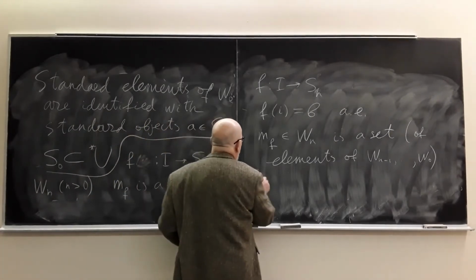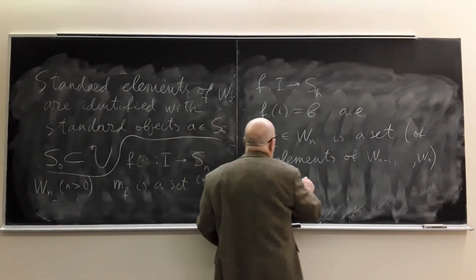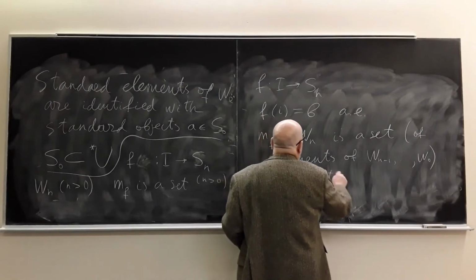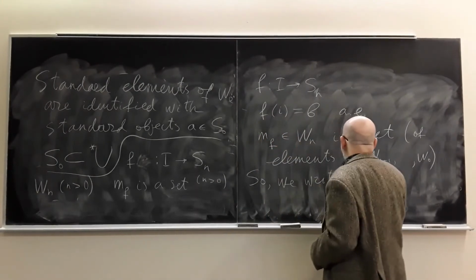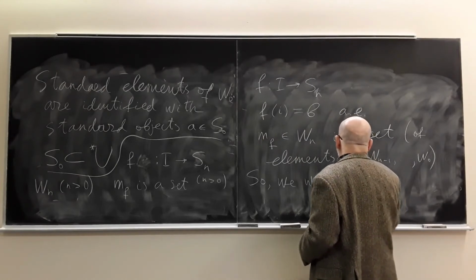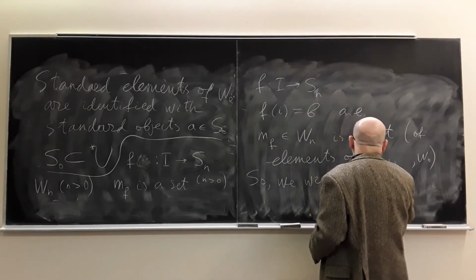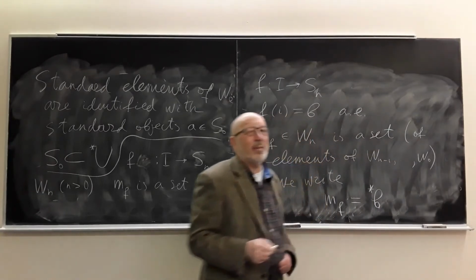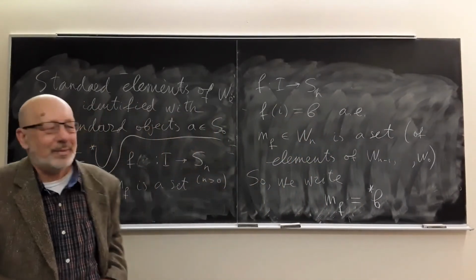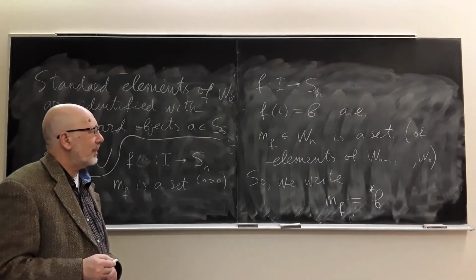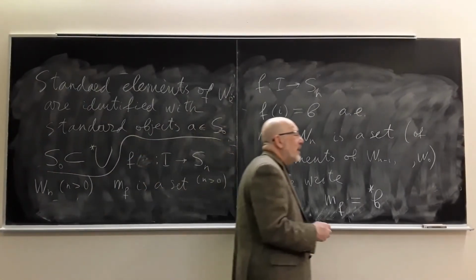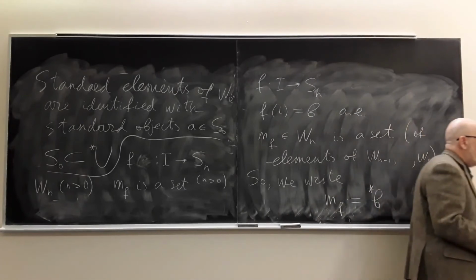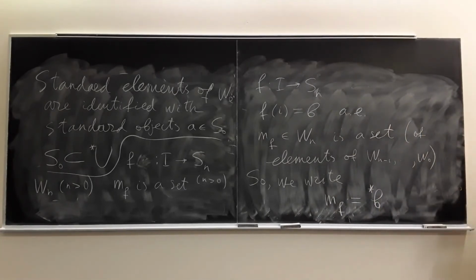So we write that MF equals B star. So B star is not B. It is maybe something very different.